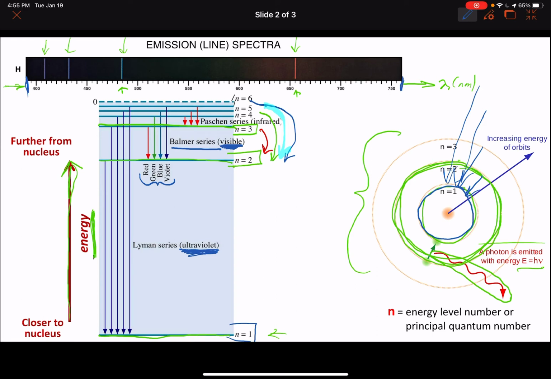Okay, and then another series is the Paschen series here, where they end at n equals 3. And so here the energy distances are quite small, and so the type of energy associated with these transitions is very small. These are infrared photons that, again, our eye cannot see, but are very low in energy and very high in wavelength.